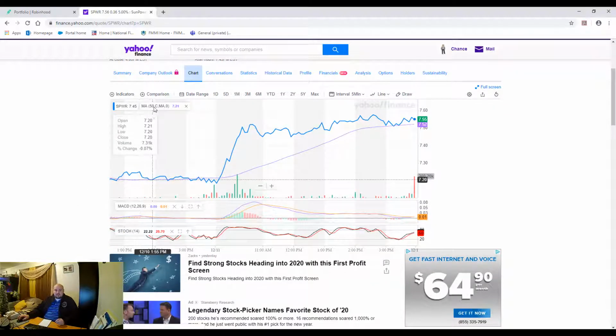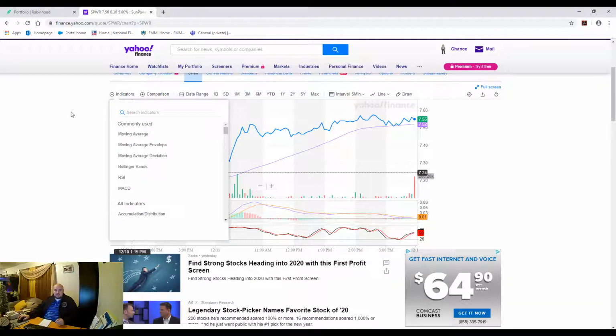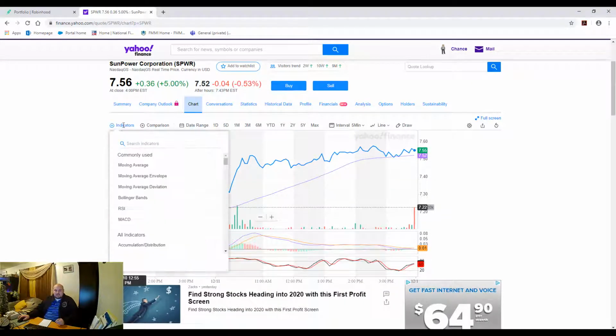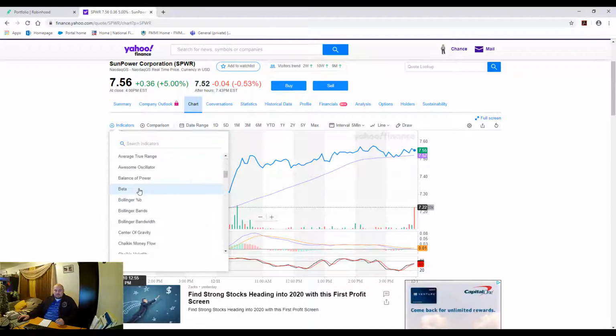You look up your stock, and then you go to the charts tab, and you can select indicators, and you have a large number of options. The two we want to review, well, there's three.